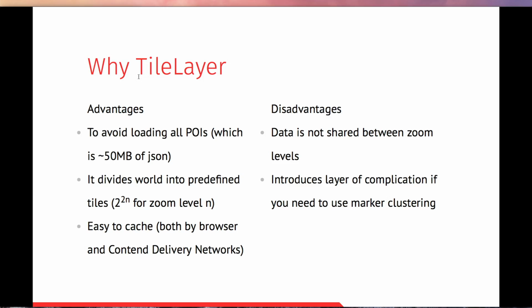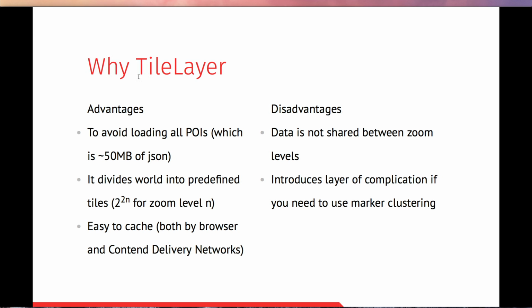So I can have the name of the tile, and then I know the coordinates, and this will not change. So every user will land on the same URL. So I can cache it because it is not changing, and I can give it to the user. Yes, that was a few words about the tile layer.